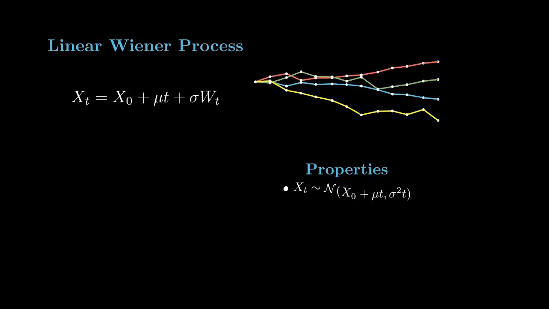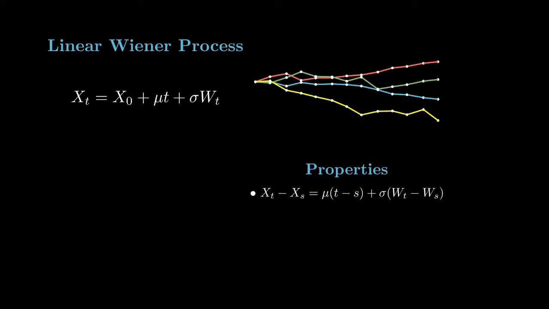Linear Wiener process is a normal distribution with mean x naught plus mu t, where x naught is the starting point, and sigma squared times t is the variance of the process.